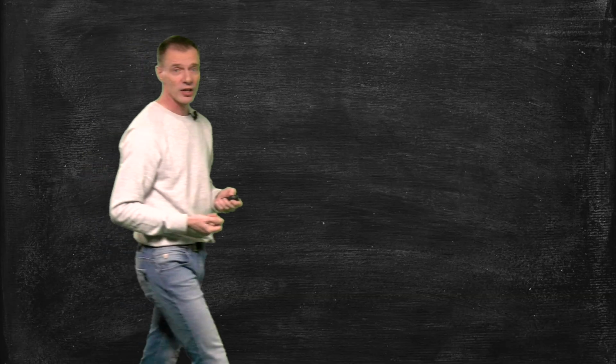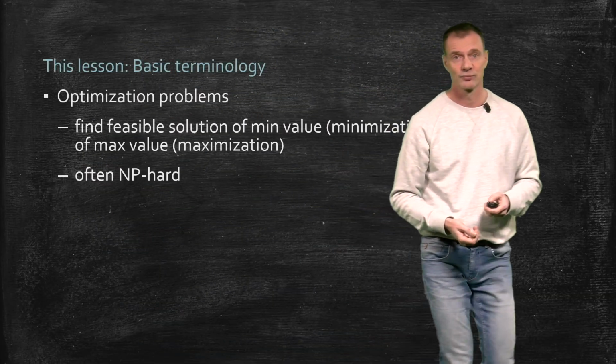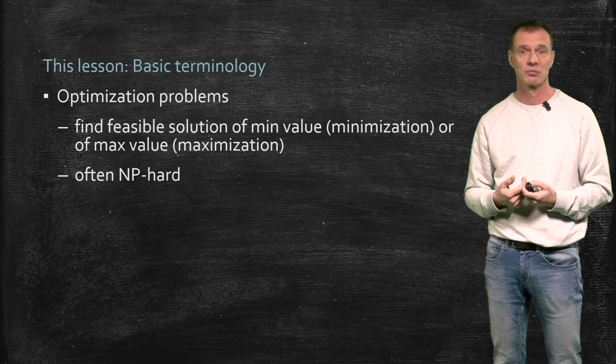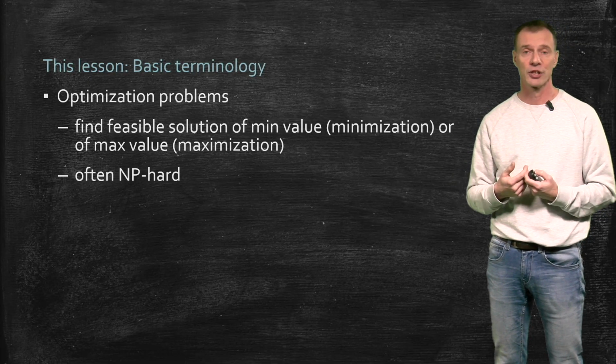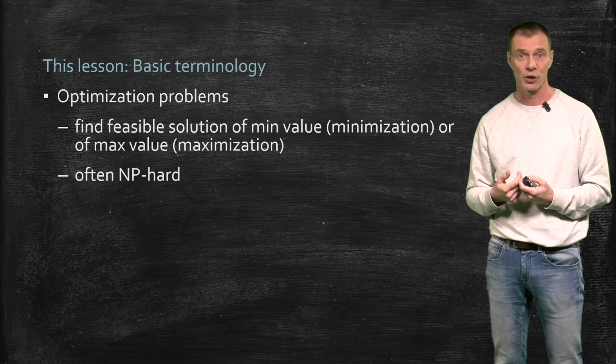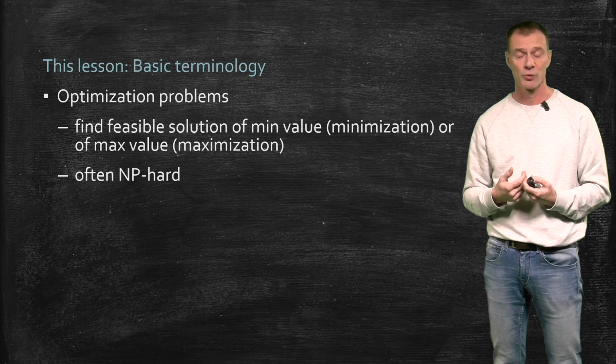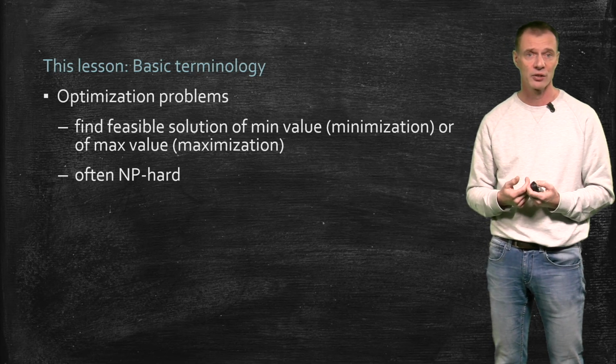Okay, so let's summarize. What we've seen is what optimization problems are. Why do we actually need to work with approximation algorithms? Well, because most of the time these optimization problems are NP-hard.